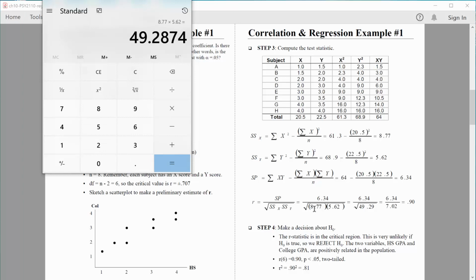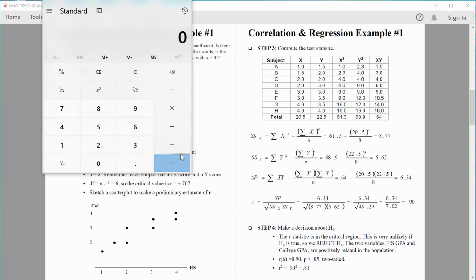That equals about 49.28, actually about 49.29. So remember, a little bit of rounding is no big deal for our class. We want to take things one step at a time so everybody can follow along. So now I'm just going to take the square root of 49.29. And that equals 7.02.